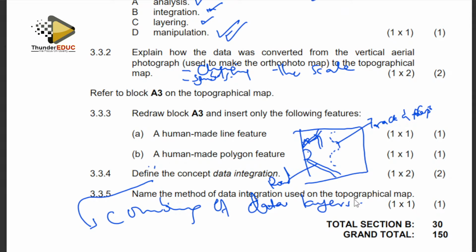And lastly, name the method of data integration used on the topographic map. What is that? The method of data integration used on the orthophoto and the topographic map is data layering, or data layers. Because on the topographic map you can see the roads, like check here.